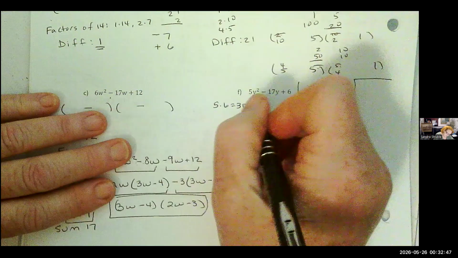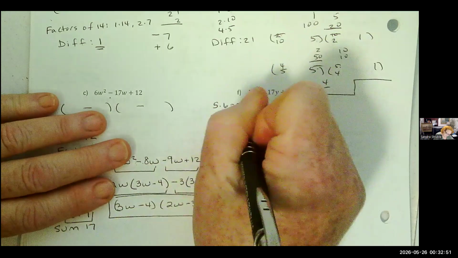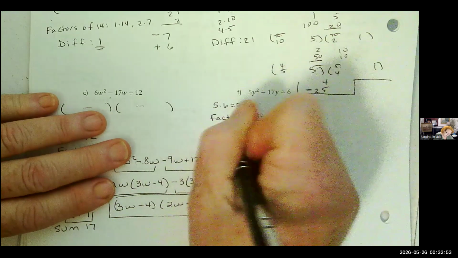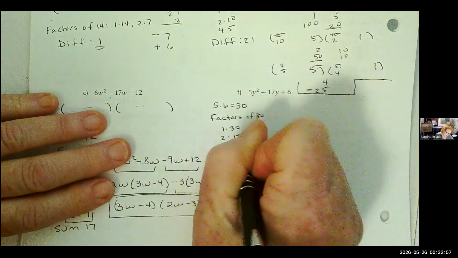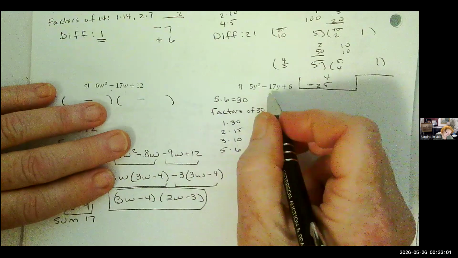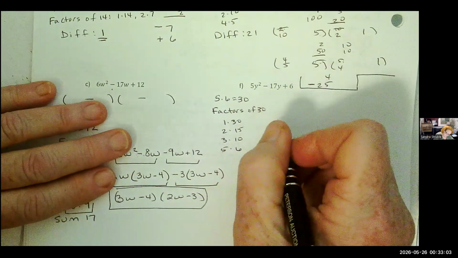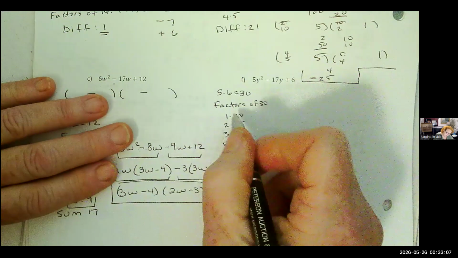So factors of 30 are 1 times 30, 2 times 15, 3 times 10, and 5 times 6. Because the negative is only in the middle, the sum must be 17. 2 and 15, 17. There it is right there.